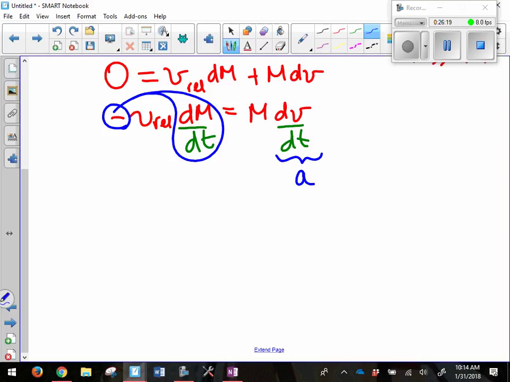What's that going to give me? Negative dm dt. Which is what? The rate of fuel consumption, which is what?